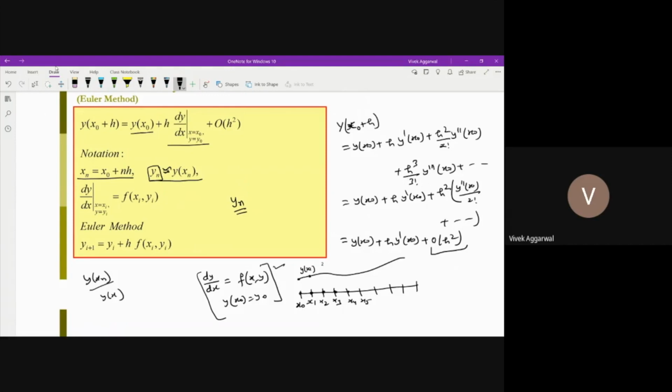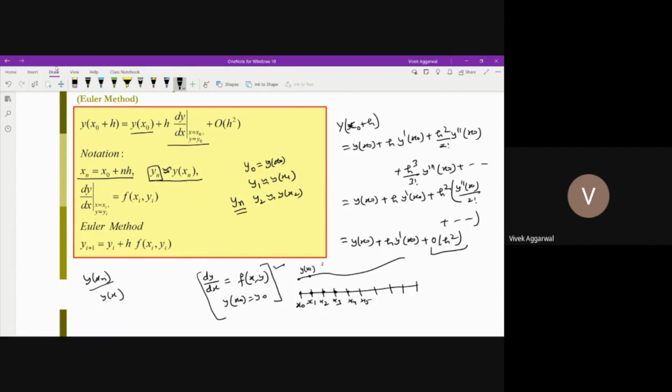So I will get y0, which is exactly the value of the function at x0, because in this case it is known to me. Then y1 I will calculate from here, and this will be approximately the same as y(x1). y2 is also approximately the same as y(x2).